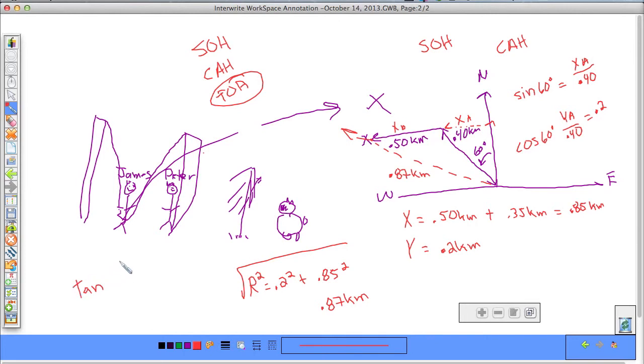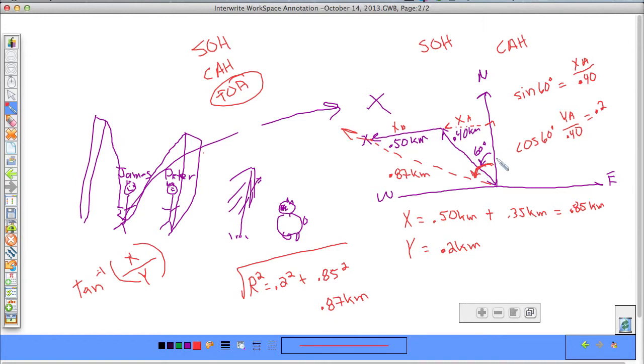So tangent to the -1 of your x direction components divided by your y direction components, right? That's all you got to do, and this will always give you the angle that you're looking for. In this case, it's going to be this angle right here, so you'd want to make sure to define that correctly.